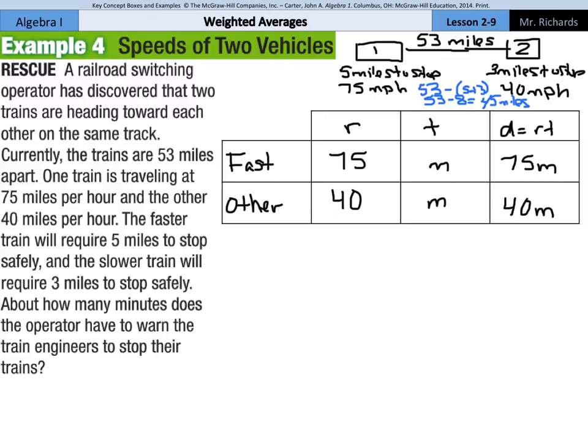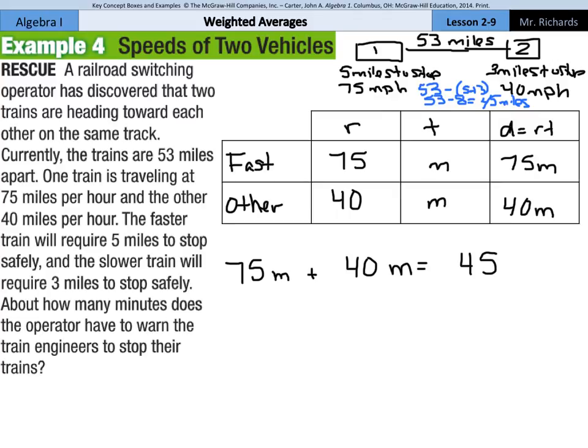So now the distance traveled by the fast train, which is 75m, plus the distance traveled by the slow train, which is 40m, is going to equal the 45 miles that they have before they collide.